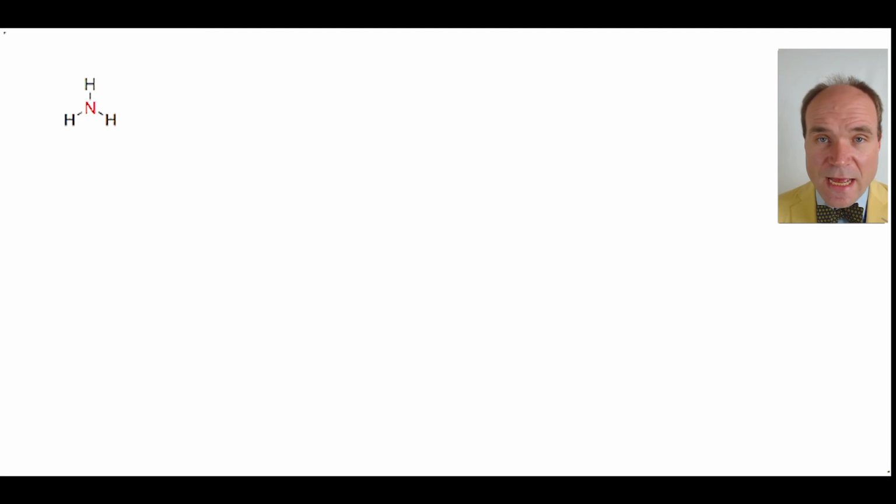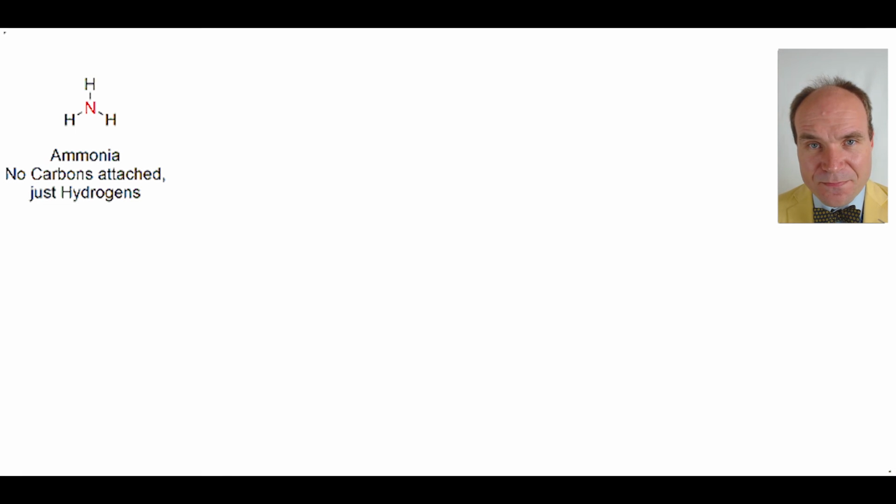Carbon isn't the only atom we can use the terms primary, secondary, tertiary, and quaternary about. In specific cases, we can also look at nitrogen in a similar way. This is ammonia. Guess what? It has no carbons attached to it. So it's analogous to methanol, methyl carbocation, and methane that we've seen before. This is a primary amine.